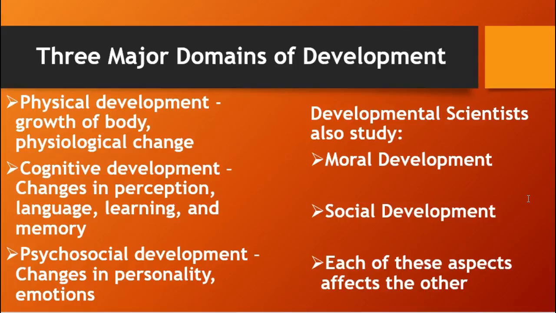Then there's social development, how one gets along with others and interacts in social situations. And then we'll study Albert Bandura's theory of social cognition. So each of these aspects affects the others and influences behavior.